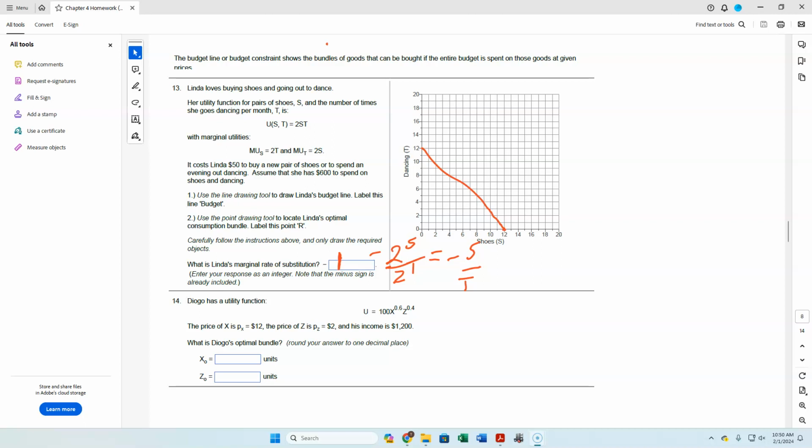Okay, Diego's got a utility function. This one takes a bit of time to solve out, but I have a suspicion it's among the more difficult here, so let's do it. There are some differences in the prices, so I'm just going to change that before we start. My PX is 5, and my income was 1,000.